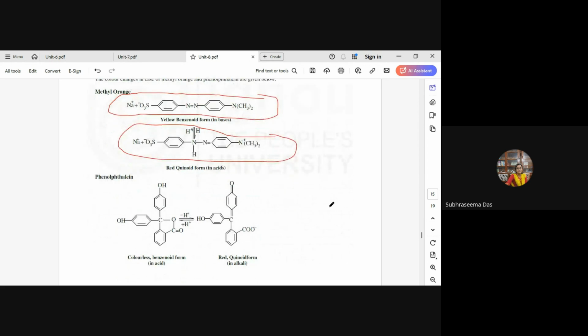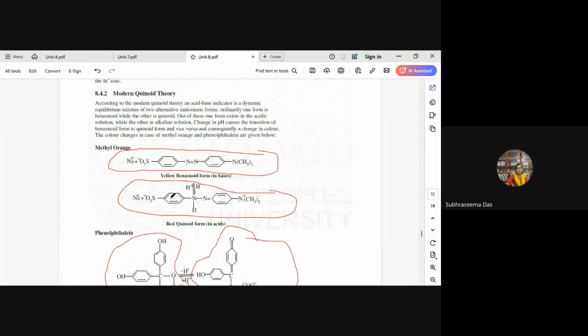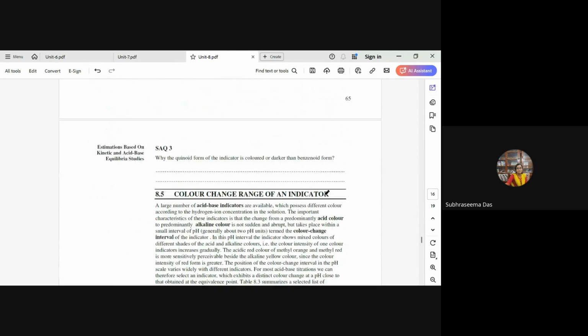Similarly, for phenolphthalein, this structure relates to its colorless nature in acidic form, that is the benzoid form, and this is the deep pink quinoid form of phenolphthalein in alkali. So this is how the modern quinoid theory explains the color of indicators.